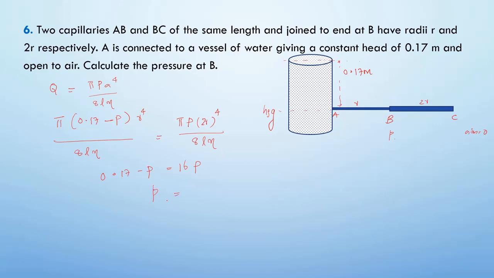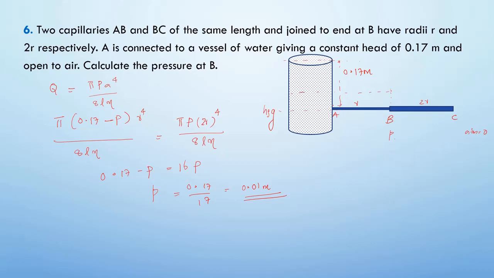P, the pressure at B, is 0.17 by 17, that is nothing but 0.01 meter. So the pressure head at this point is created by a 0.01 meter head.